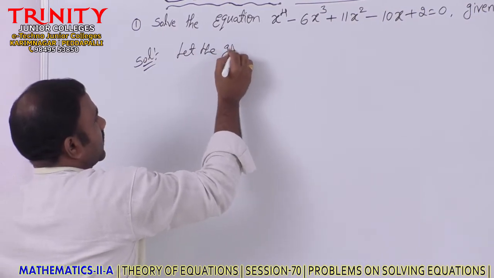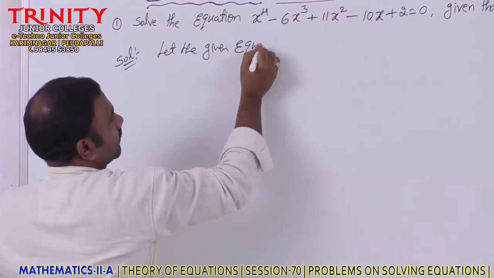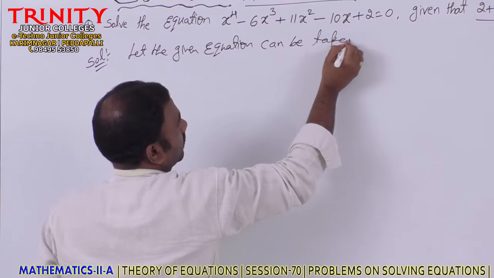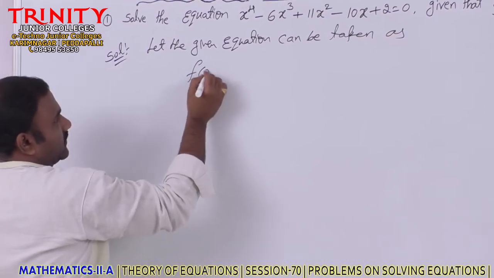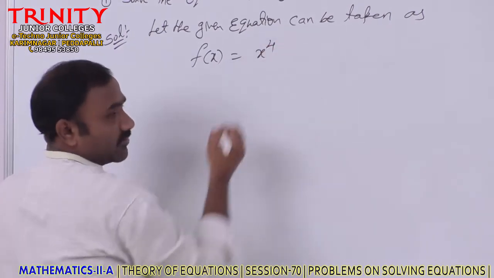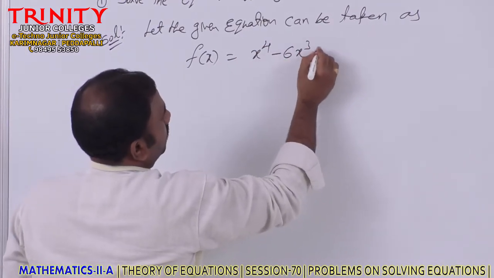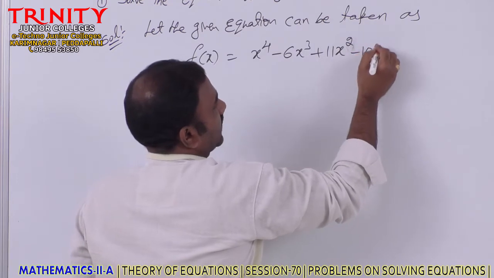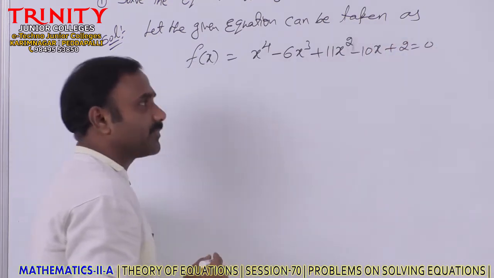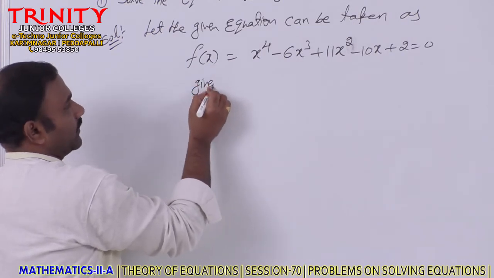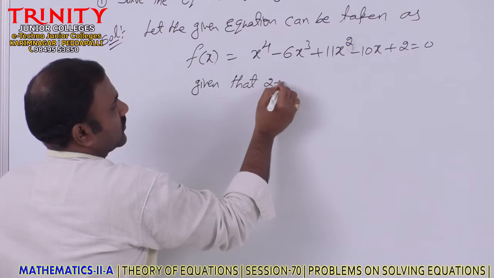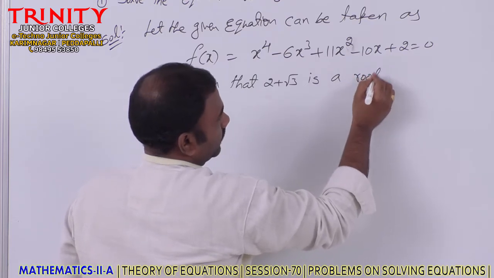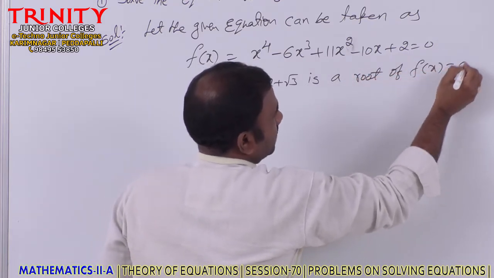Let the given equation be f of x is equal to x power 4 minus 6x cube plus 11x square minus 10x plus 2 equal to 0.